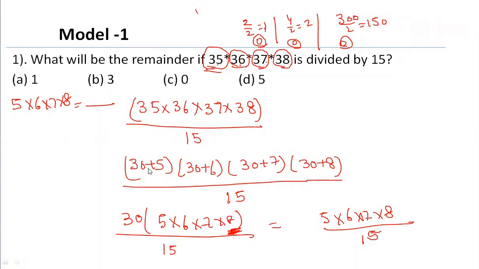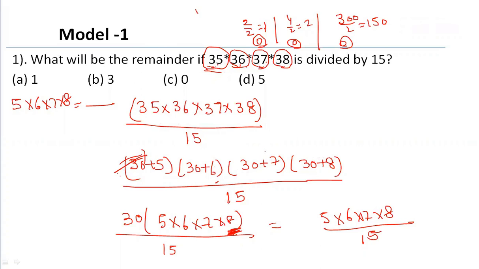For better understanding, I have written it like this. It's not that we are taking the value of 30 in the position of 1 plus 5, 1 plus 6, 1 plus 7, 1 plus 8. I just want to tell you that 5 is extra, 6 is extra, 7 is extra, and 8 is extra.